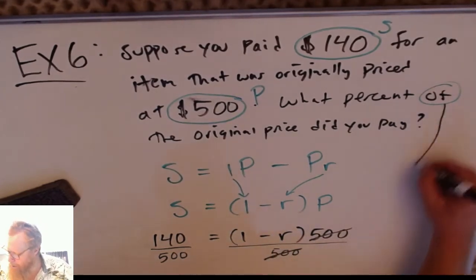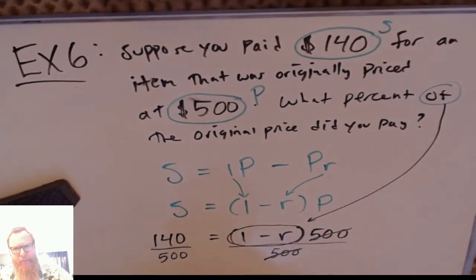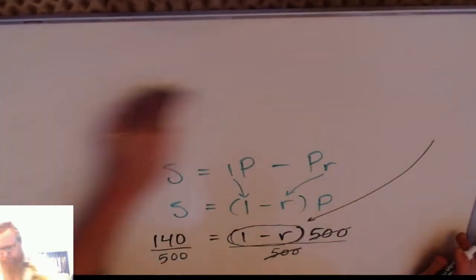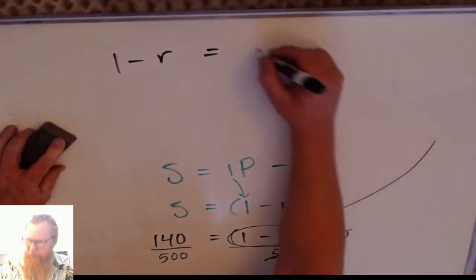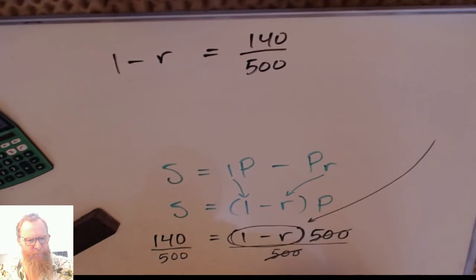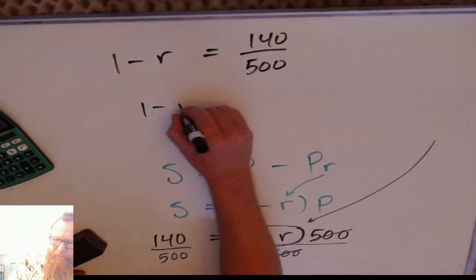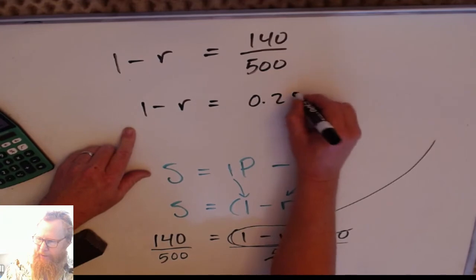And this is what you want. You want what percent of. So you want 1 minus R. You don't want R. You want 1 minus R. So therefore, 1 minus R is equal to 140 over 500. 140 divided by 500 is 0.28.